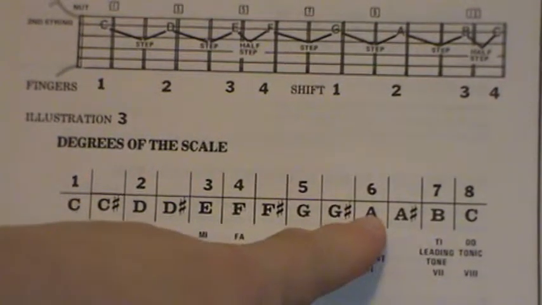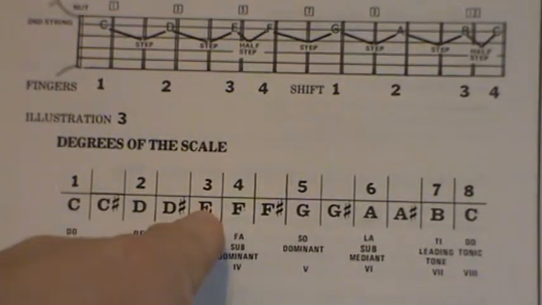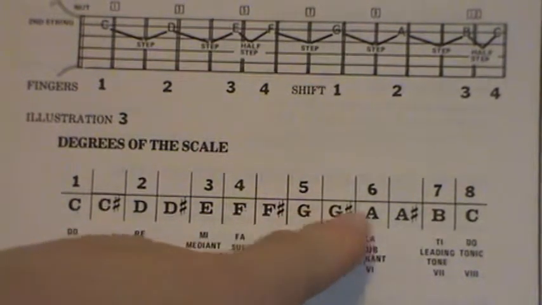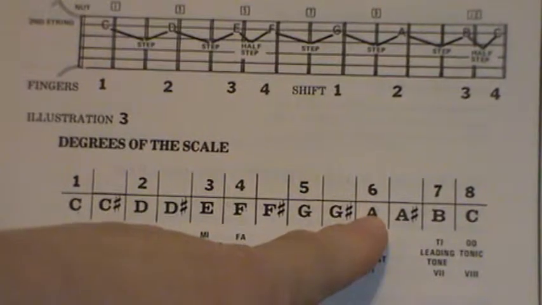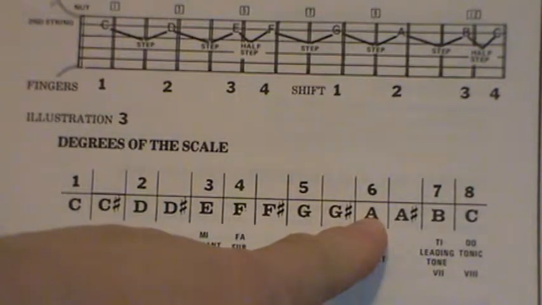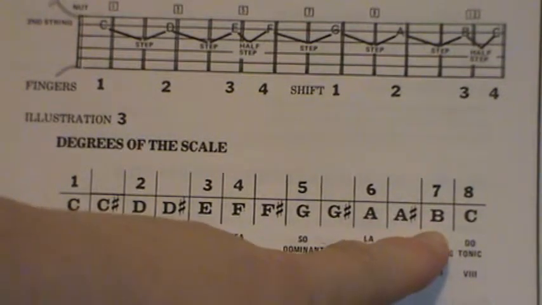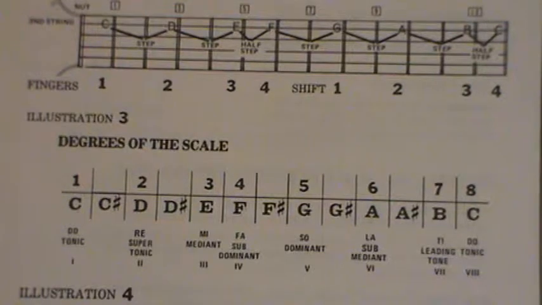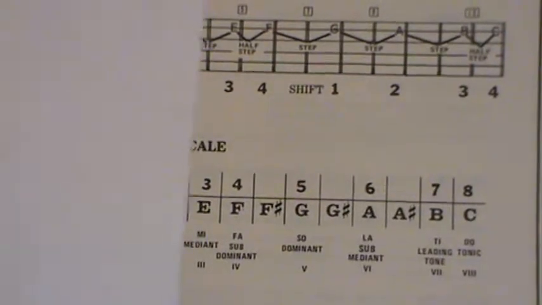E, A, and B, because E is 1, 2, 3, 4. 4 is the subdominant, and 5. So E, A, and B. I wrote it right on here.